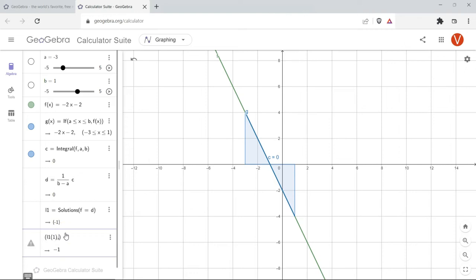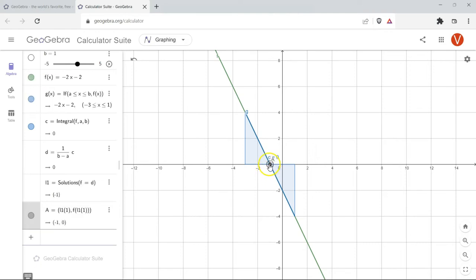There is only one solution, but generally speaking it is the first solution, and f of L1. This is the point through which, if we draw a line parallel to the x-axis, we get an area which is equal to the area under the curve. When I change the function, you will see what I mean by that.